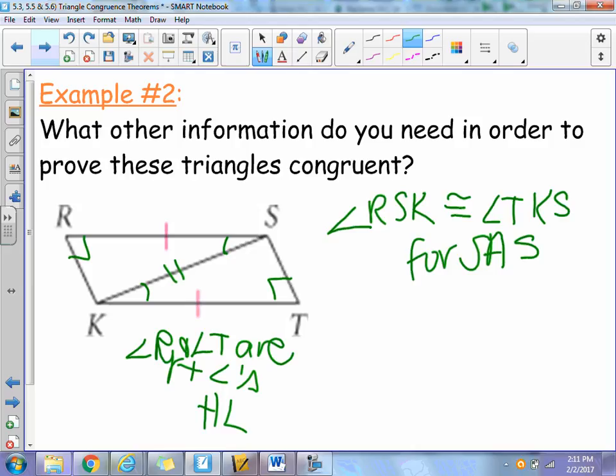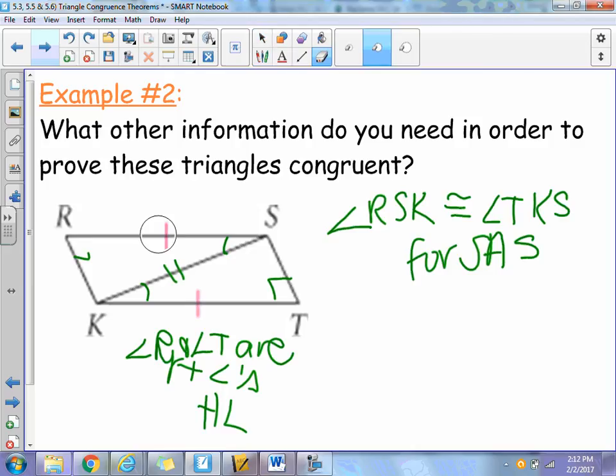Wait, why is it angle instead of a triangle before that? All we're doing is asking what other information do you need to make them congruent? So if I said these were congruent, then this theorem would work. If I said these were right angles, then this theorem would work. So I'm only looking for the missing information, not which triangles are congruent.